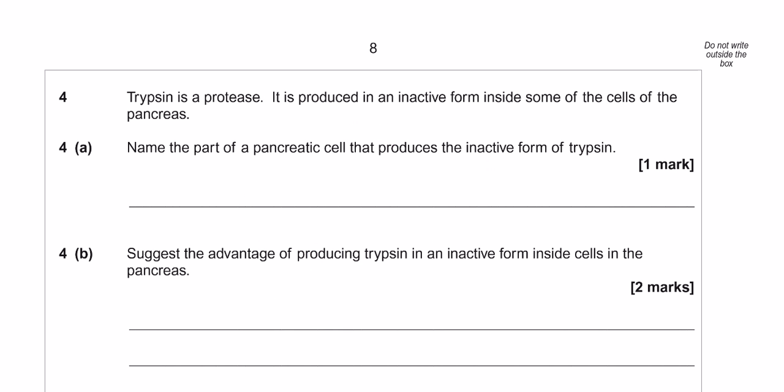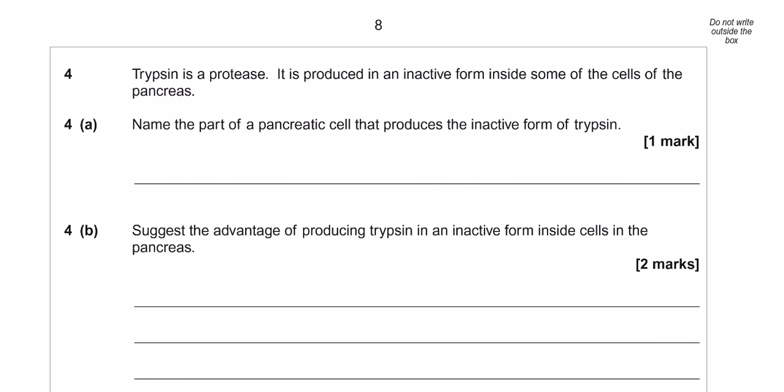Okay, on to question 3 in your test, and this one is about trypsin. It tells you there, trypsin is a protease, and it produces an inactive form inside some of the cells of the pancreas. This one says, name the part of a pancreatic cell that produces the inactive form of trypsin. The first thing your brain looks at is the words pancreatic cell.